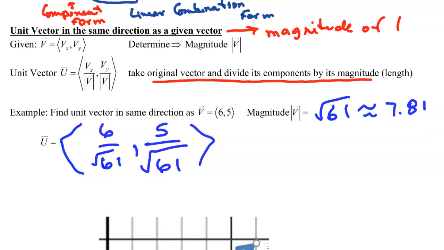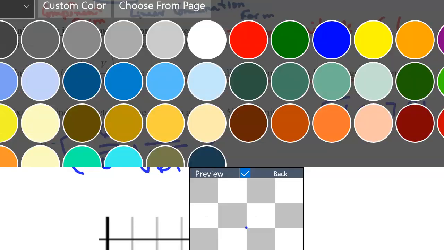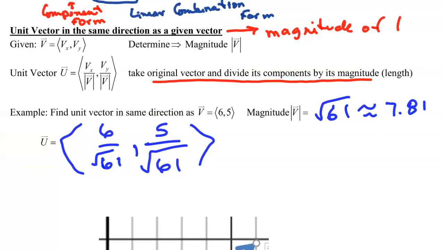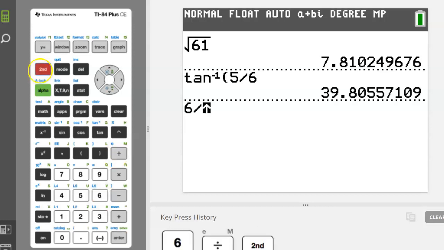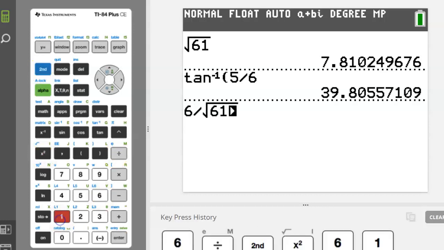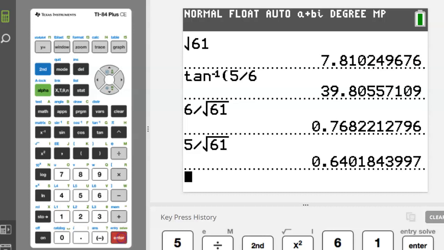And I put this into my calculator. 6 divided by the square root of 61, and 5 divided by the square root of 61.